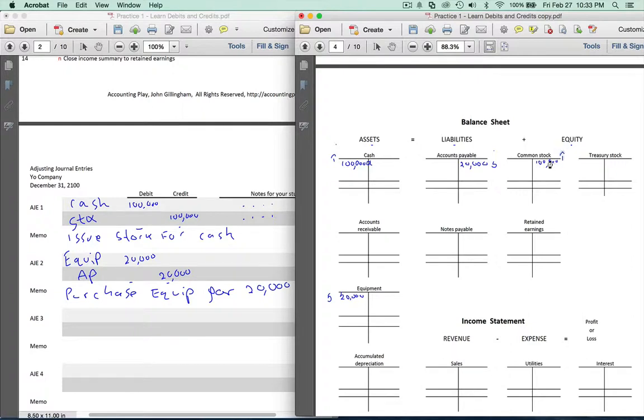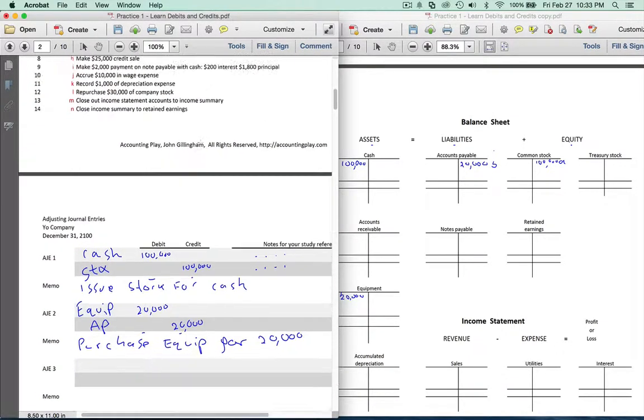Transaction A. We'll take these out because we all know that assets increase with a debit. I'm also going to clean this up. As you do it, you've got to be as neat as possible, and that's a little bit difficult with how I'm doing it.